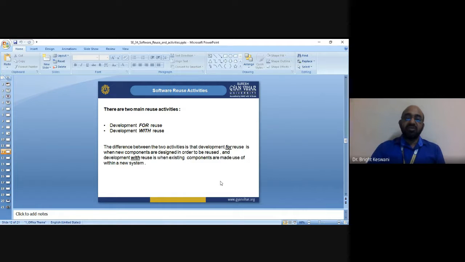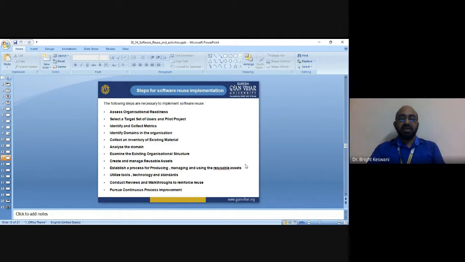The difference between the two activities is that development for reuse is when new components are designed in order to be reused, and development with reuse is when existing components are made use of within a new system. So these are the two main reuse activities suggested by software engineering.